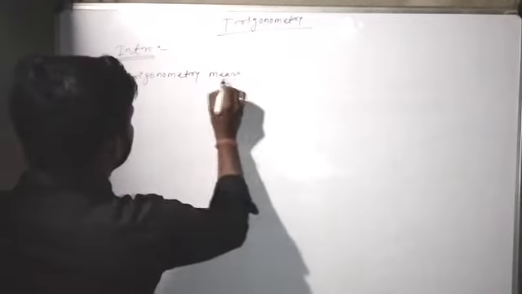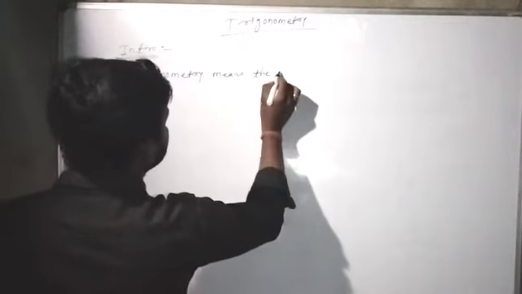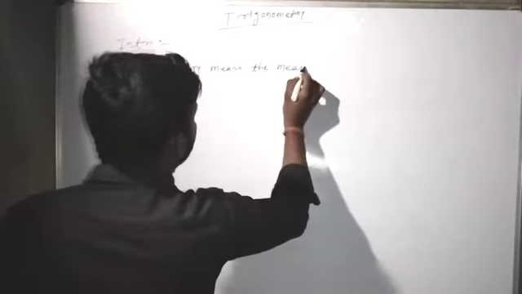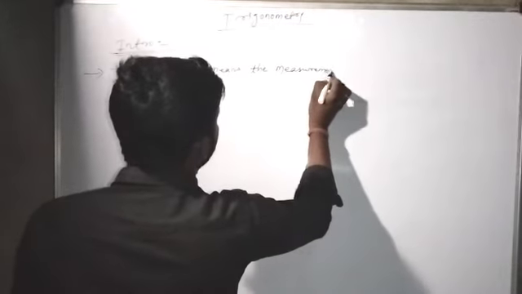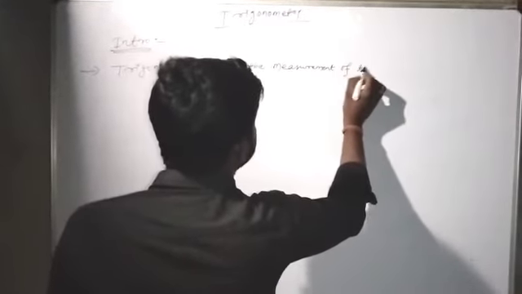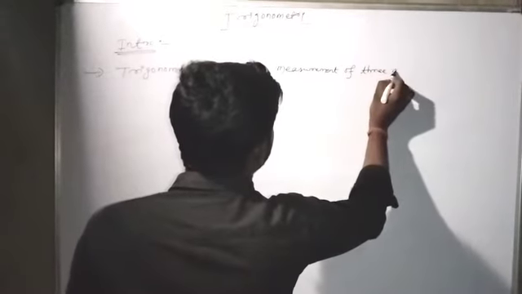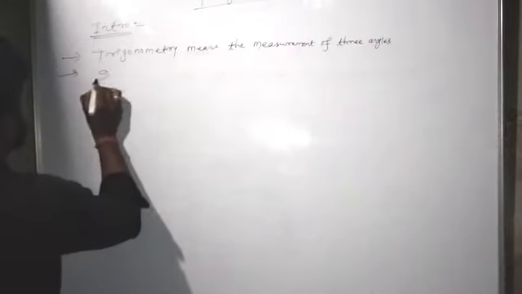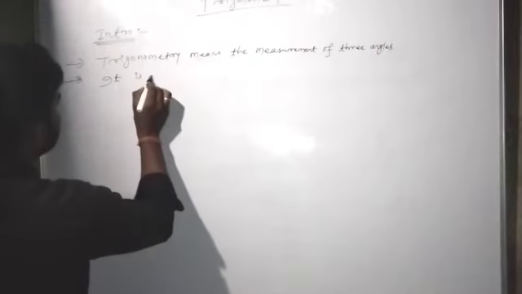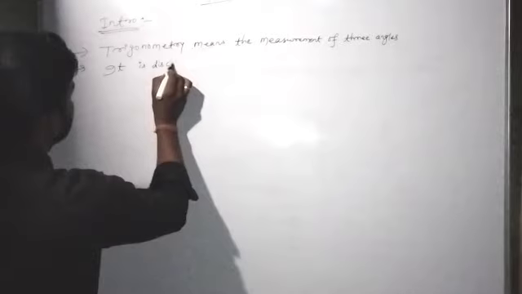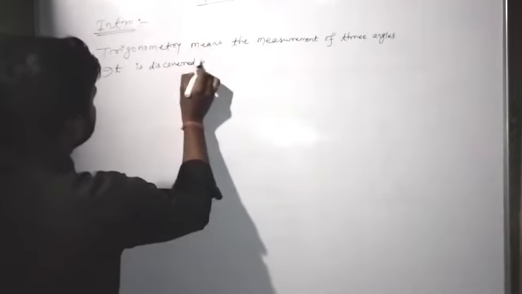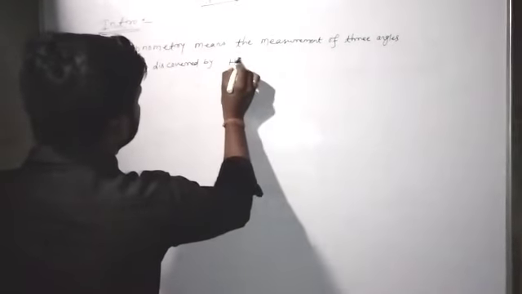Trigonometry means the measurement of three angles, and it is discovered by Hipparchus.